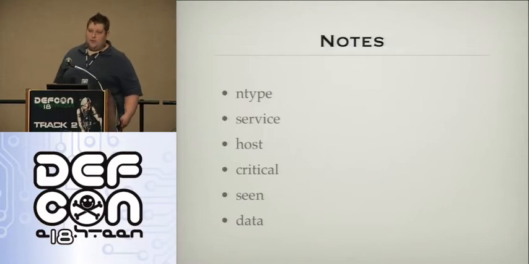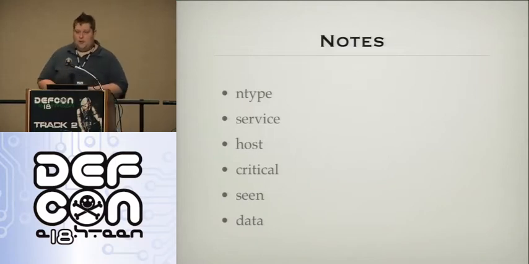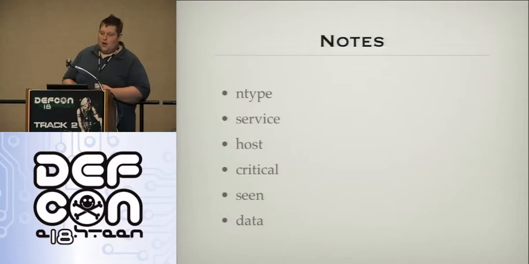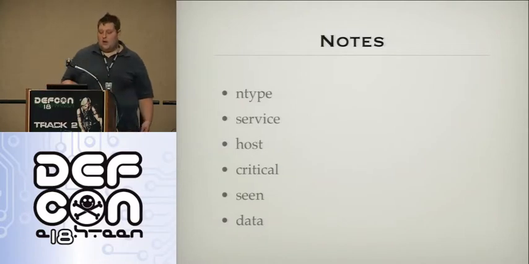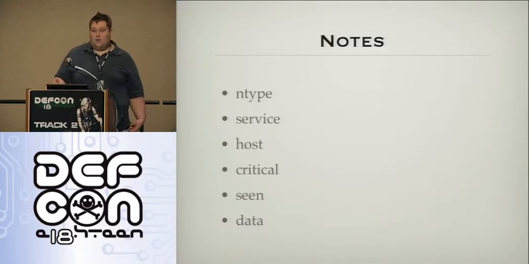So notes are pretty cool, because if you have something that's not a vulnerability but you want to keep track of it, you do that with notes. So notes have a note type, which is essentially arbitrary. If you are developing something new, you want to keep track of it, you can create your own note type. Notes pertain to services and hosts. You can have critical, whether or not it's been seen before, and then it has a data block.